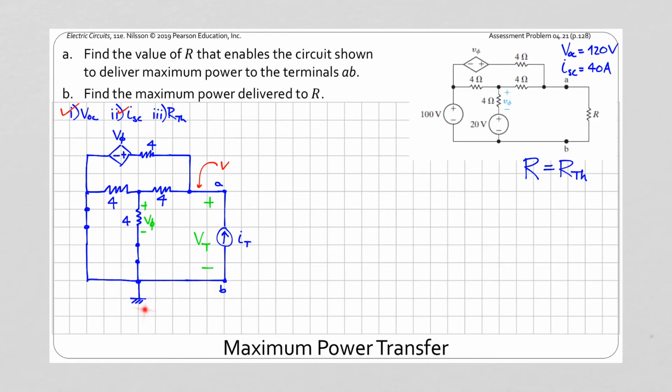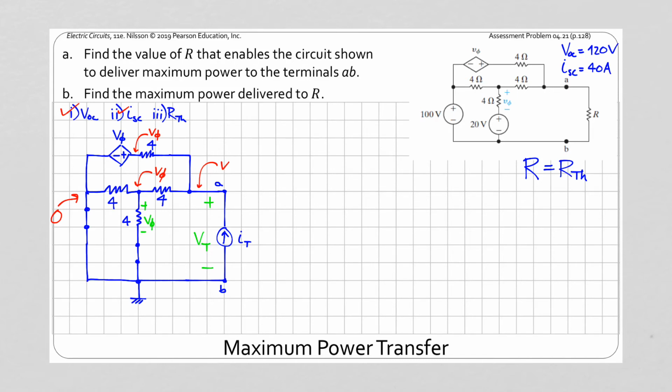I'm going to leave my ground where it is. This is 0, this is 0 all the way around. All of this is still 0 over here. The voltage here, if this is 0 and this is V phi, then this voltage here is V phi. If this is 0 right here because it's connected to ground, and this voltage is V phi, then I have V phi right here as well.